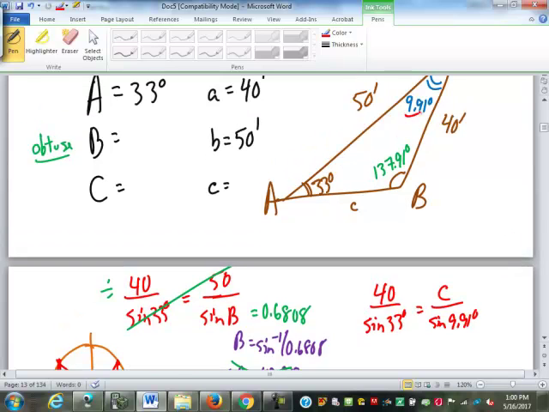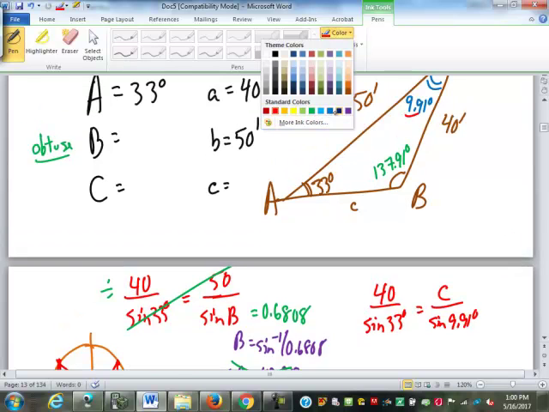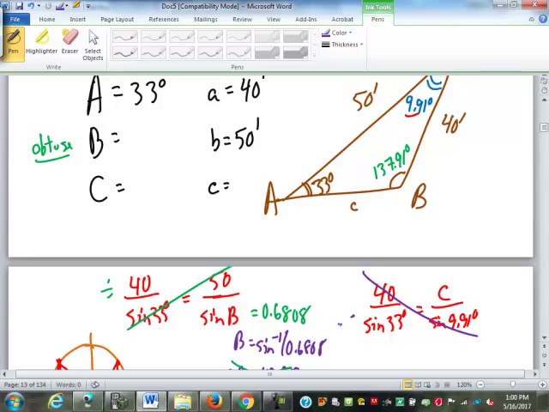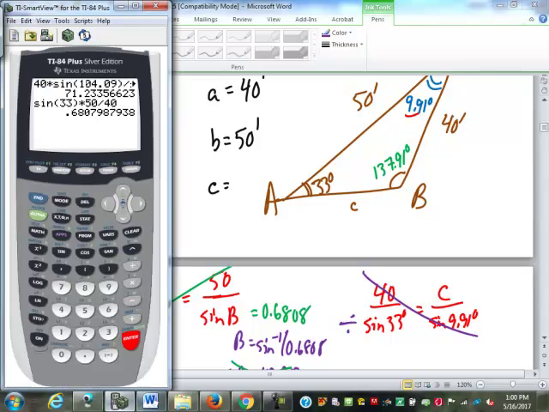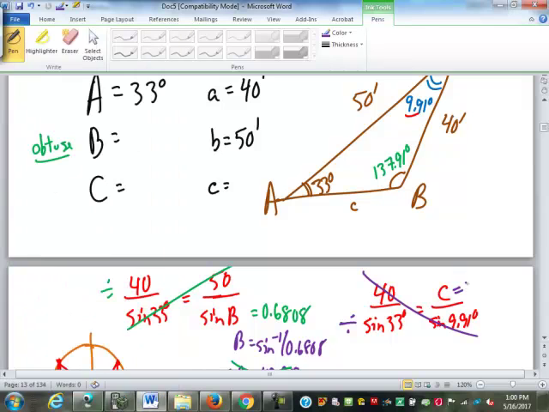That's angle C. We will cross multiply and divide now to get that side. 40 times sine 9.91 divided by sine of 33. 12.64.